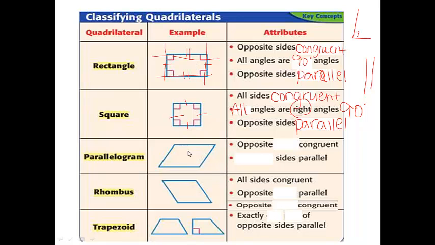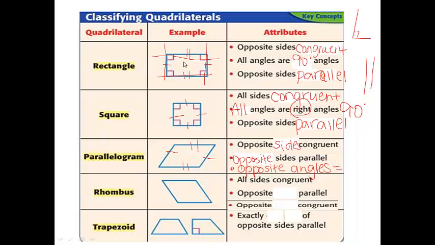Okay, let's go to a parallelogram. A parallelogram is a slanted rectangle, so we know opposite sides are equal, or congruent. And opposite sides are parallel. One definition I forgot to do right here is a very important one: opposite angles are congruent. Since we slanted it, let's put opposite angles and put an equal sign.